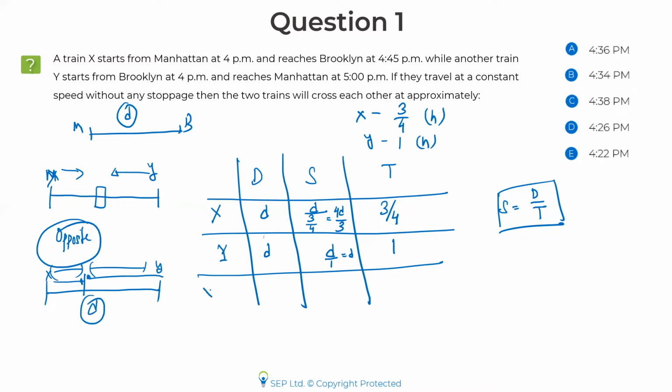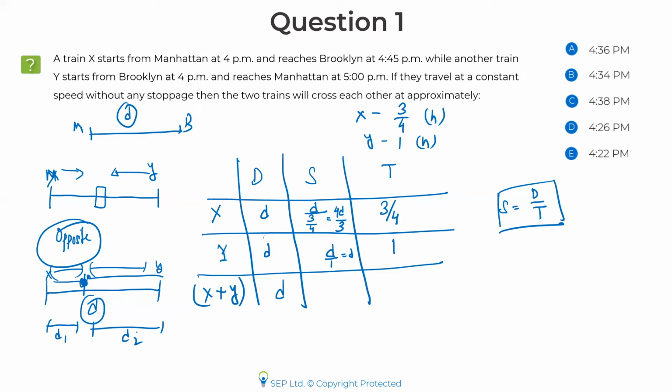So when they travel together, they are covering a distance of d. In how much time, I need to find out. Together they will reach here, and one will travel this distance, let it be d1, and the other train Y will travel d2.